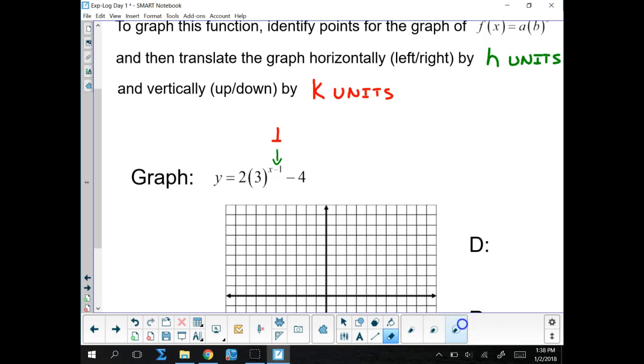Oops, that's red. I don't want that to be red. I want that to be green. Bless you. What's this one going to do? Shift it down 4.